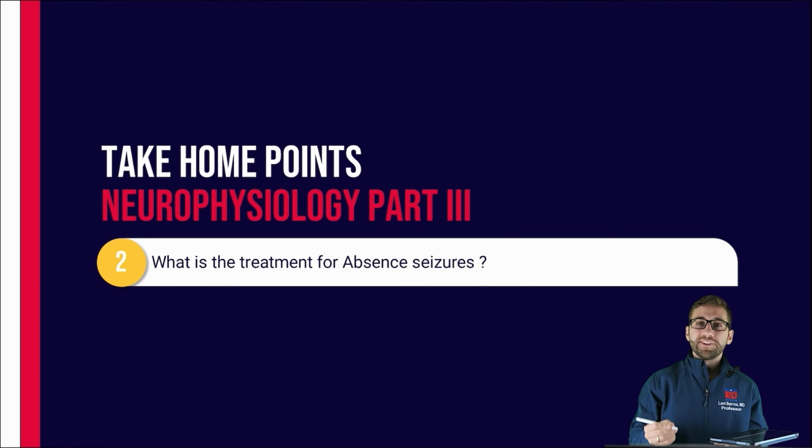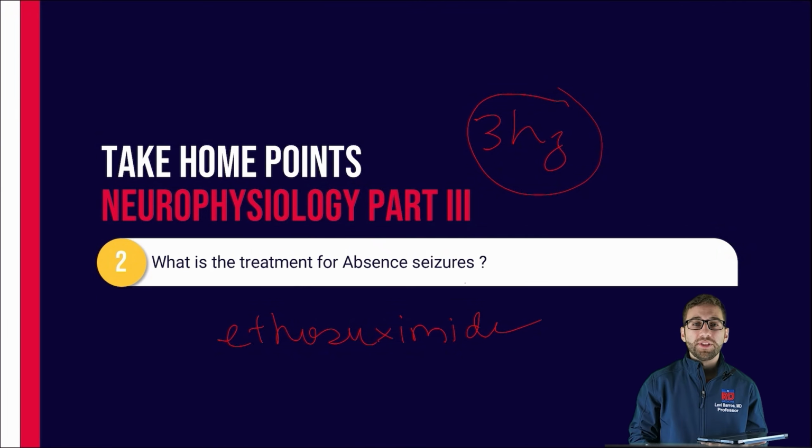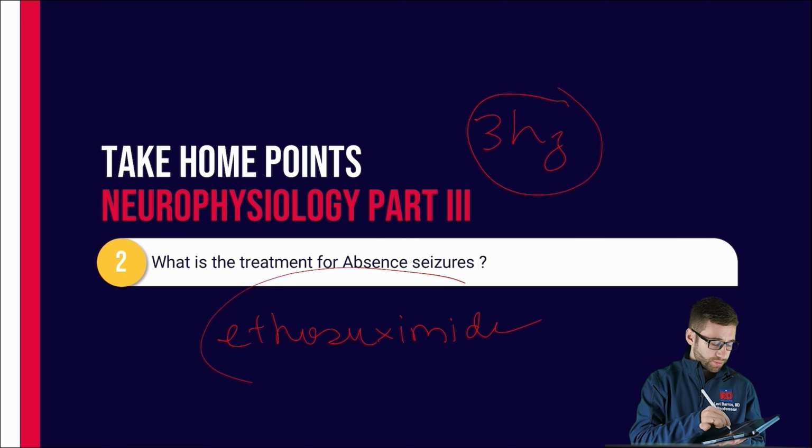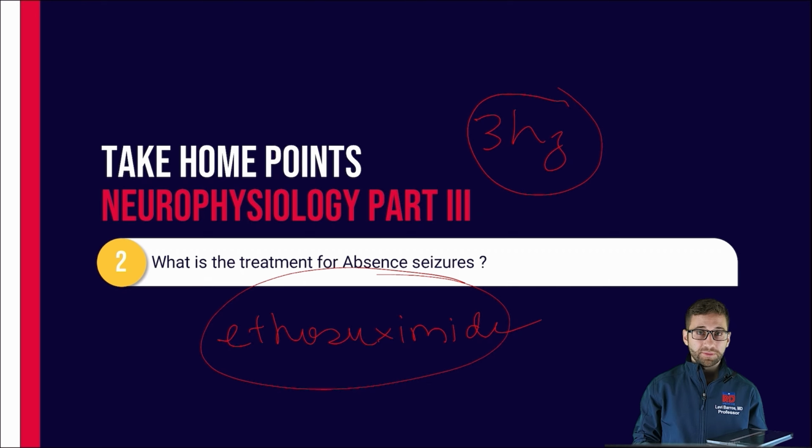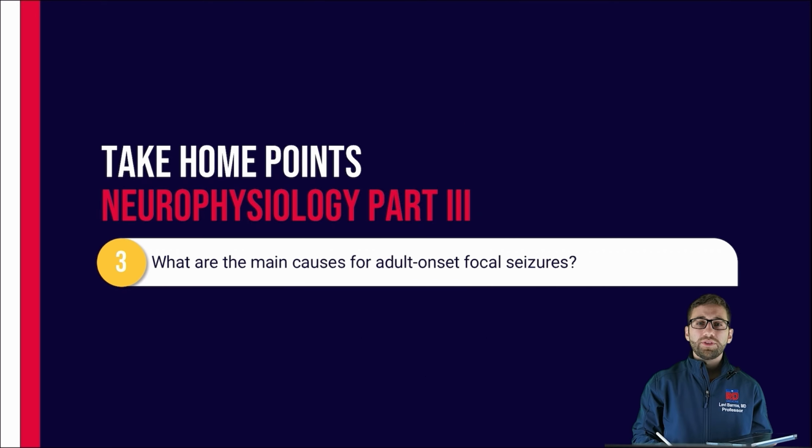In case you don't remember, the waves are 3 Hz in frequency in the EEG, okay? Alternative treatments include valproic acid, which is also effective but has a broader side effect profile, so people usually prefer ethosuximide, okay? Remember that.